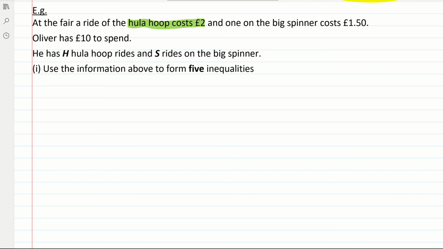However, £2 spent on a hula hoop will have to do with his £10 to spend. So really, that is your main target here. £2 of hula hoop are less than or equal to £10.